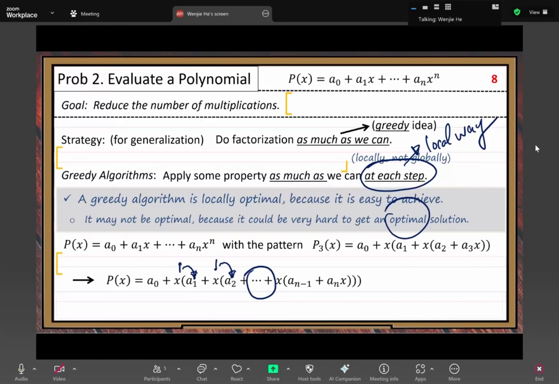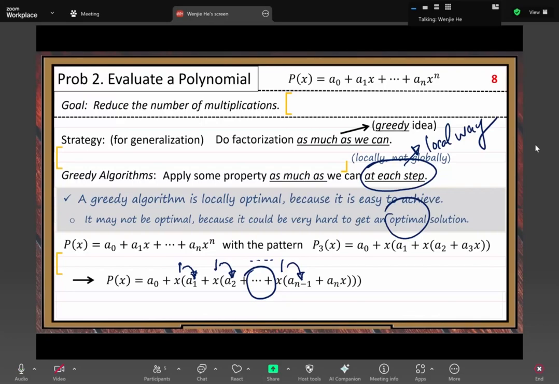Then the ellipsis. Based on this rule, you can skip many terms. Then this multiplication, can you associate it with the subscript of its right-hand side nearest coefficient?